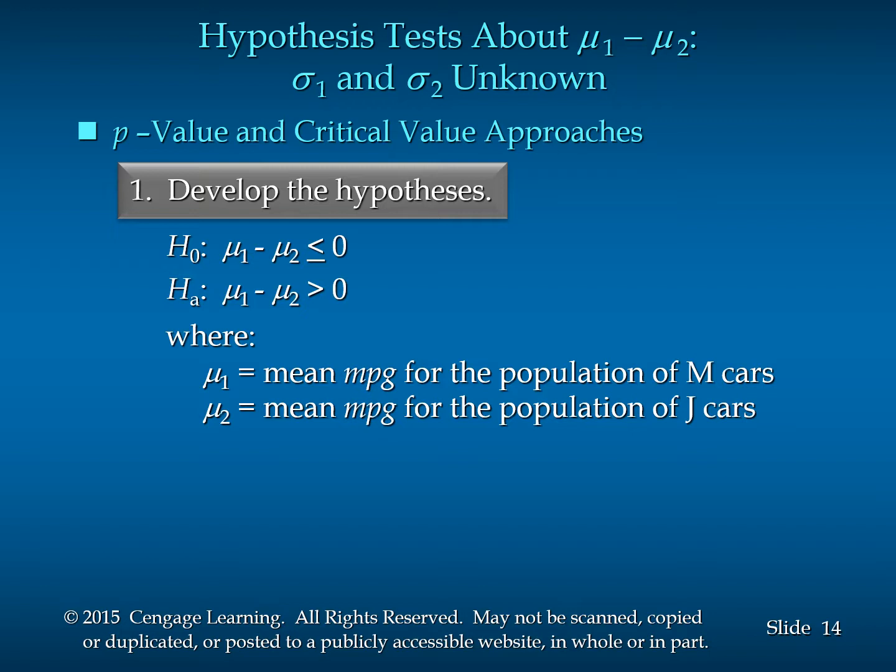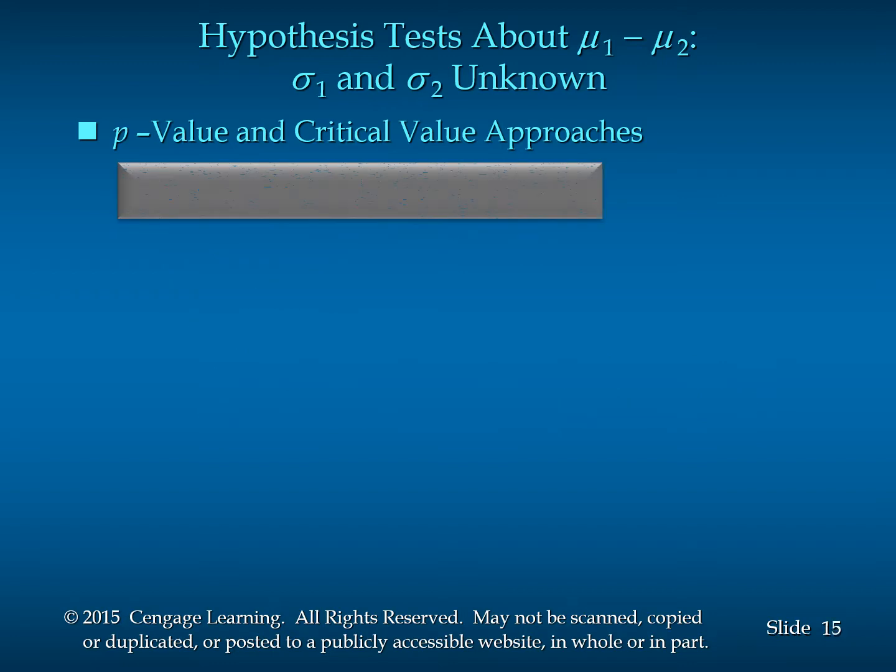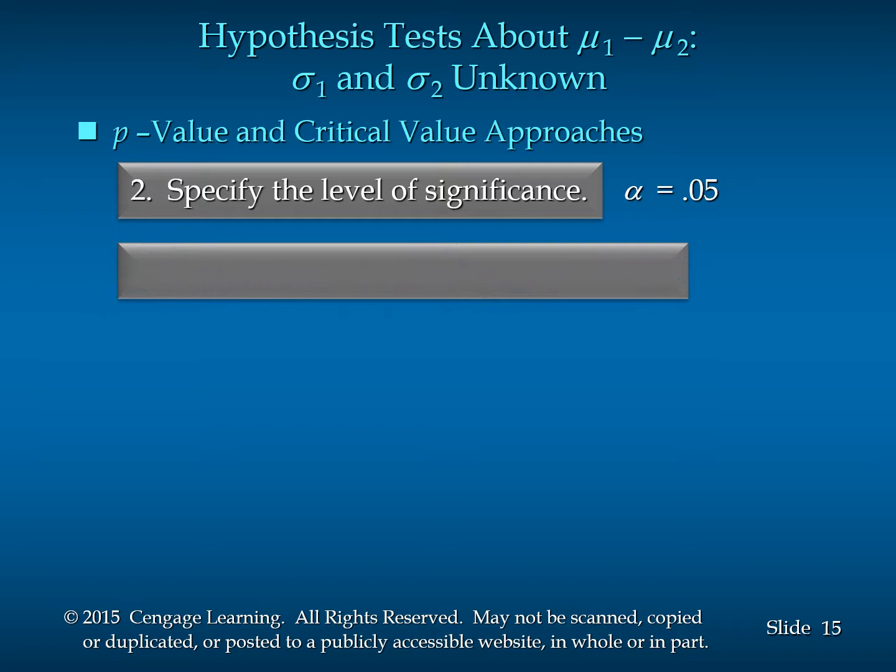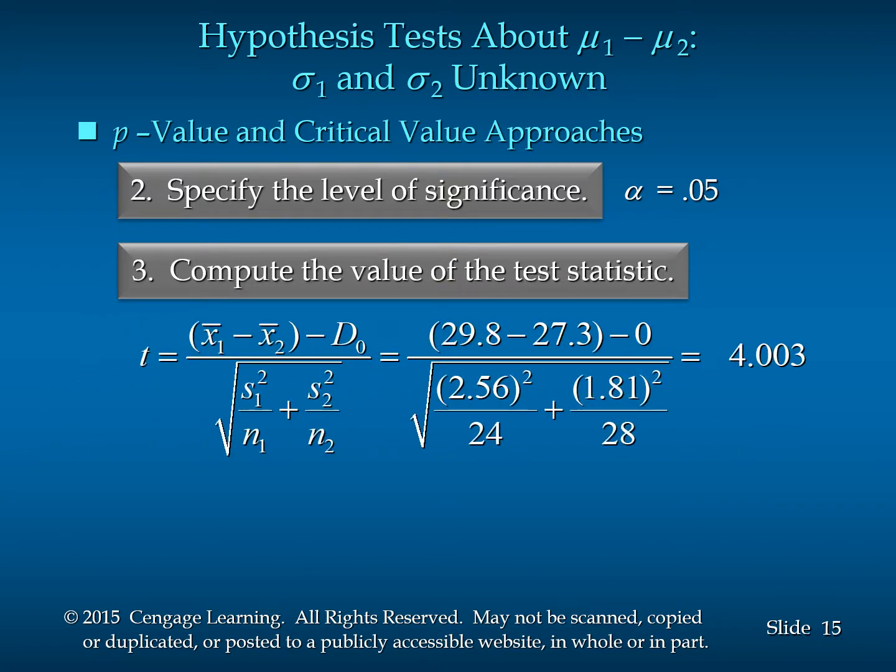So we restate that as the alternative hypothesis, mu1 minus mu2 is greater than 0. The null hypothesis then is the opposite of that. At the significance level of 0.05, we calculate our test statistic to be 4.003.